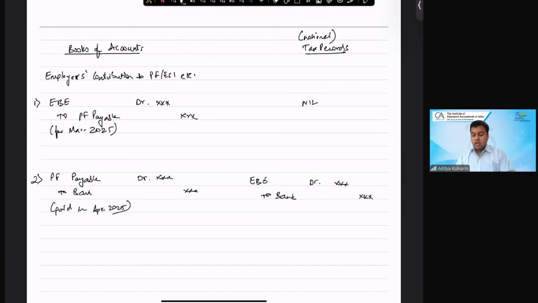So now your tax records, employee benefit expense insofar as it relates to PF contribution will be nil for accrual purposes because these expenses are going to be incurred on a payment basis. Yes or no? Yes, sir. So can I say that tax department will not allow you to accrue a liability for this because this is a cost that needs to go only on cash basis and not on accrual basis?